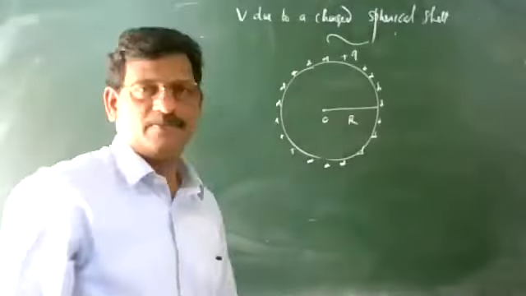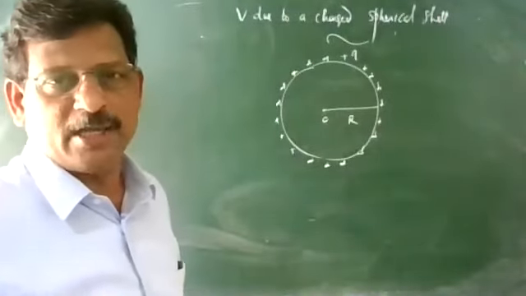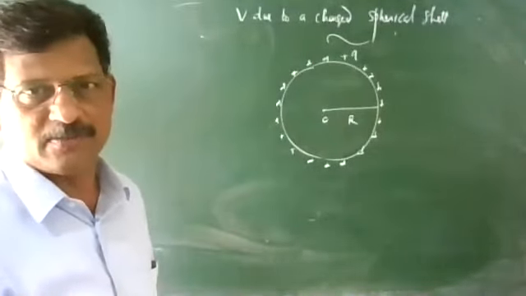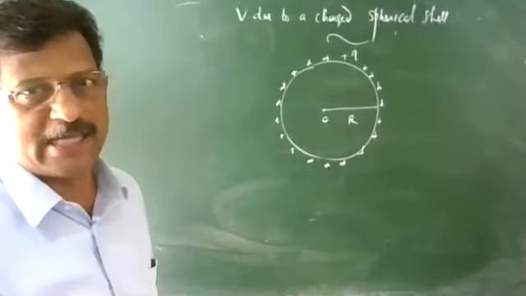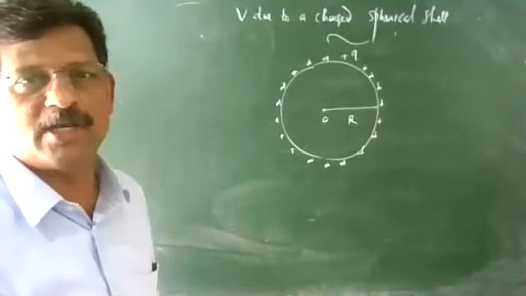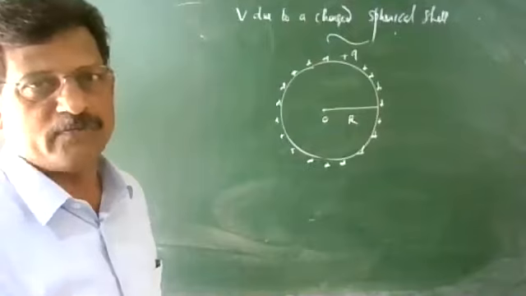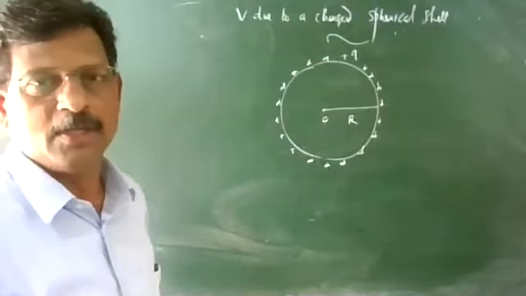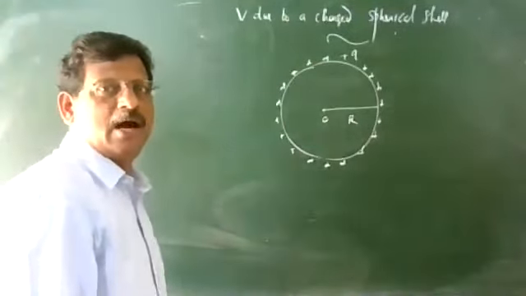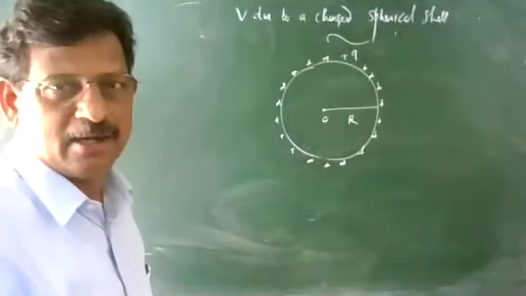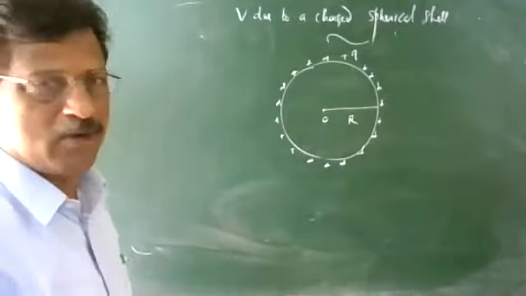O is the center. Potential at any point outside or on the surface you can calculate as if the entire charge is concentrated at the center. We have seen the same situation for electric field also.